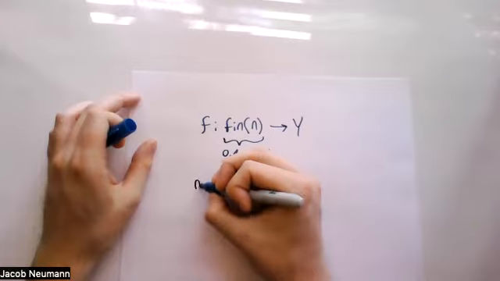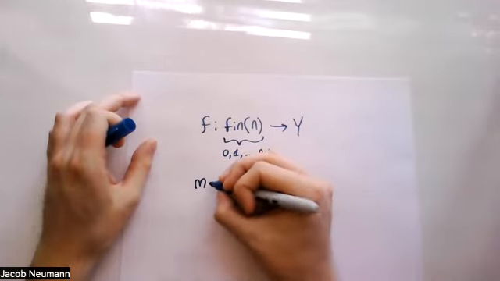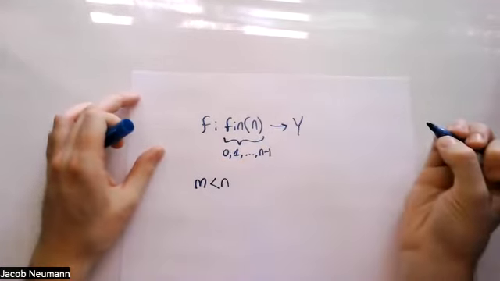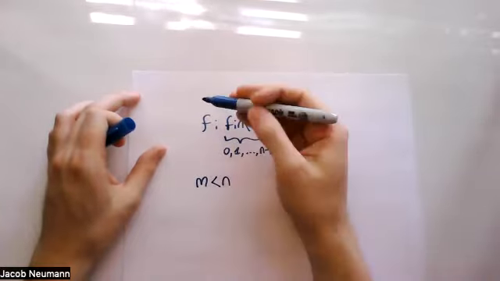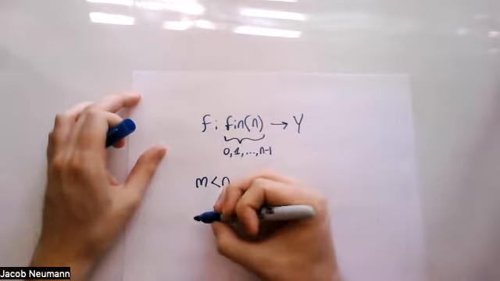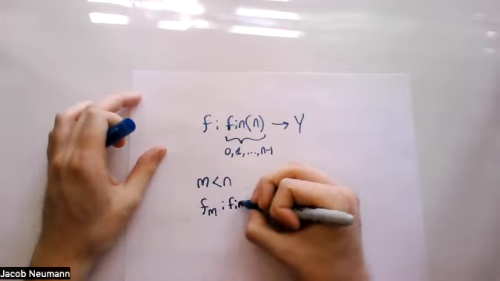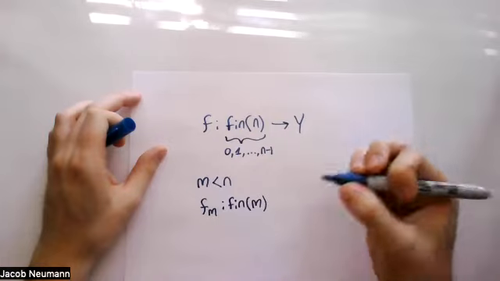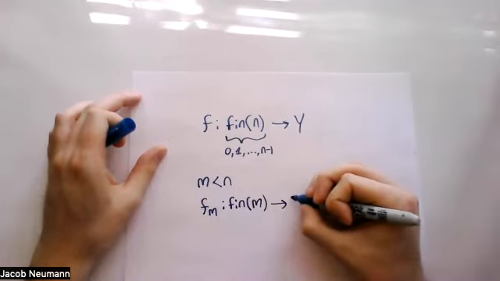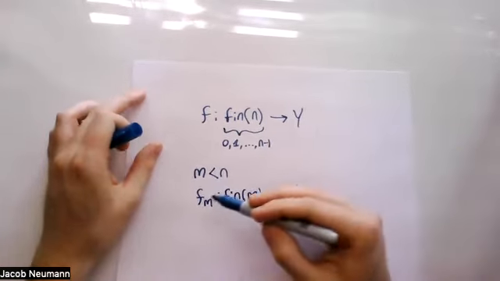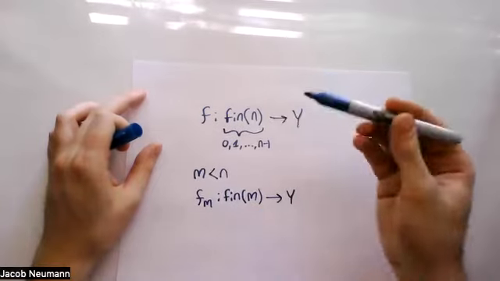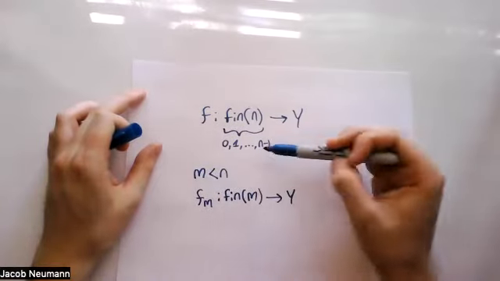So if I have some m which is less than n, then I can restrict f to f_m, which goes from Fin m into Y. And so f_m is going to agree with f on everything up through m minus 1.